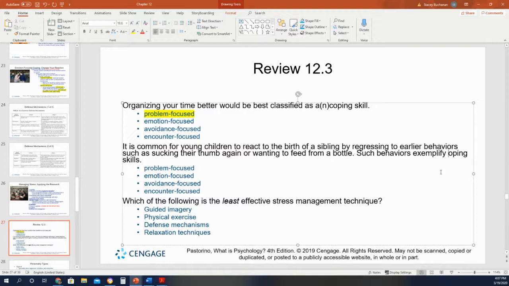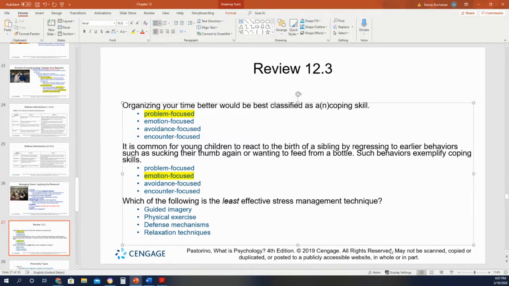Such behaviors exemplify what type of coping skill? There we go. Well, that is a type of defense mechanism, regression to be specific. So that is emotion-focused coping.